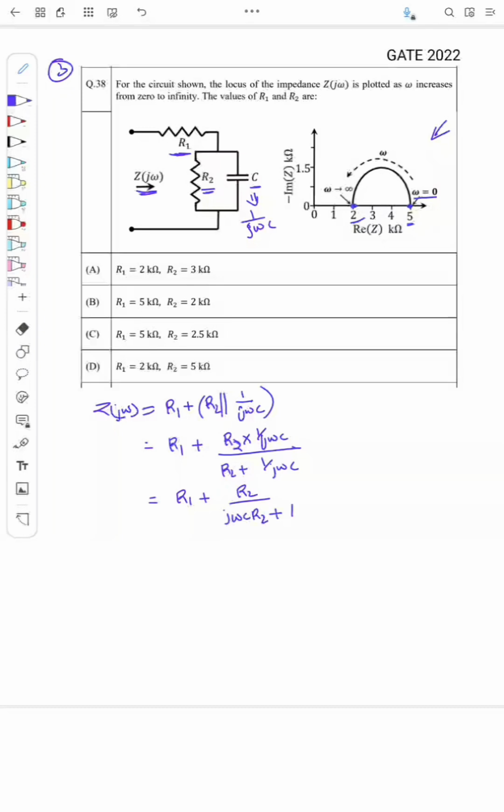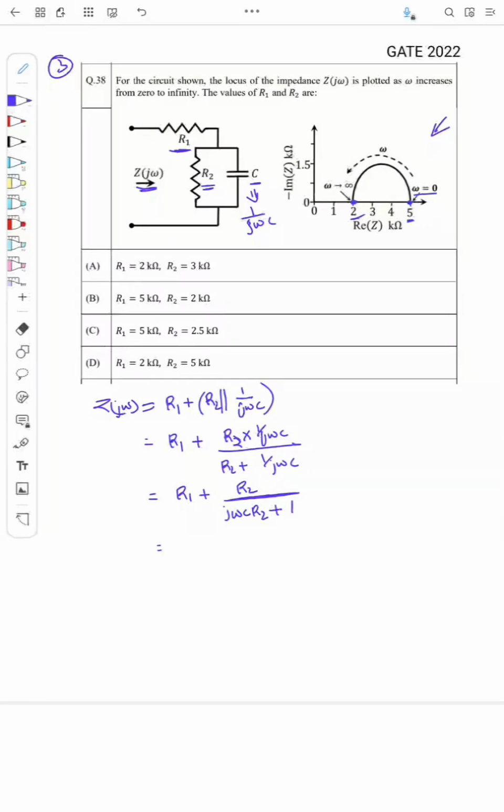so j omega C into R2 plus 1. Okay, so to make it as a real and imaginary term, I will just multiply this second term with 1 minus j omega C R2. Okay, that is conjugate of denominator, 1 minus j omega C R2. I will multiply both numerator and denominator by this. Okay, so this will be equal to R1 plus R2 minus j omega C R2 square.